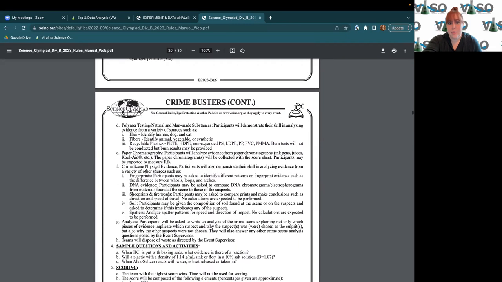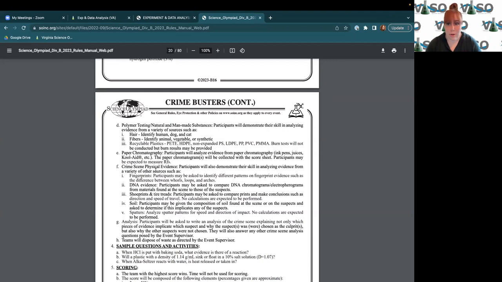And then the list continues in terms of here are the types of things that they should be able to do, or the topics that your students can study. So it's very, very helpful for coaches to, of course, be familiar with the specific physical items that events need, but students should be aware of this as well, on top of reading the rules for themselves to understand everything that goes into an event.